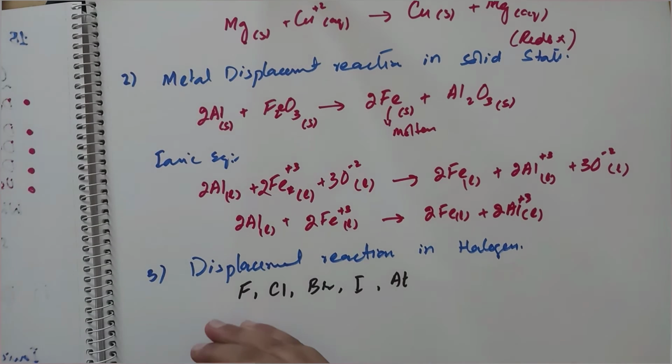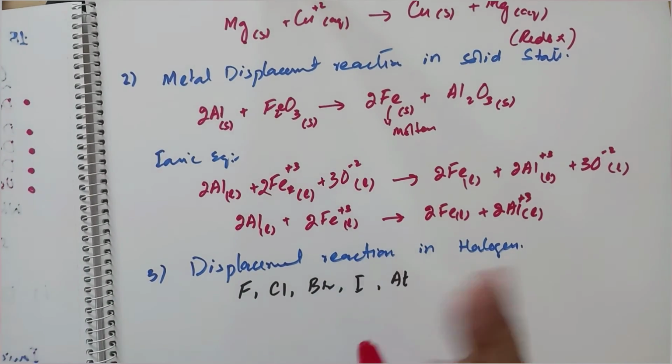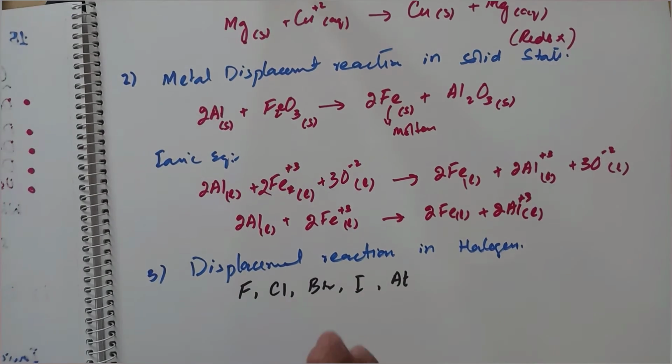It means fluorine is more reactive than chlorine, chlorine is more reactive than bromine, bromine is more reactive than iodine, and iodine is more reactive than astatine. So when they react with each other, the more reactive element will replace the less reactive element from the compound.